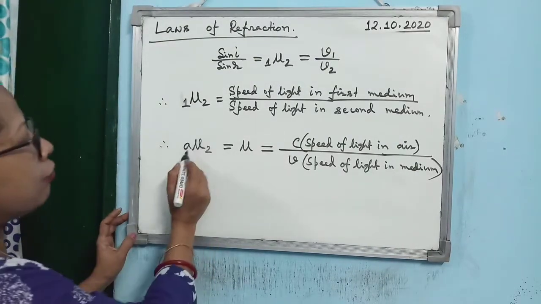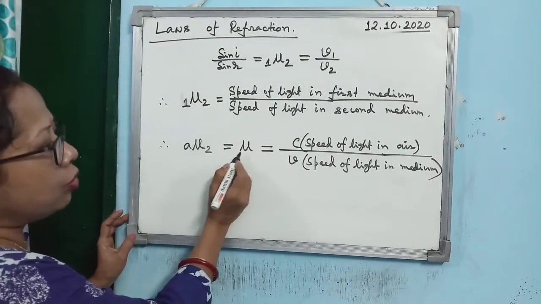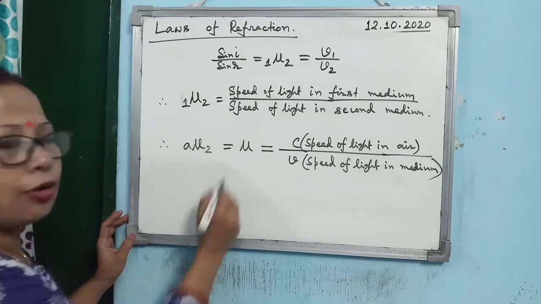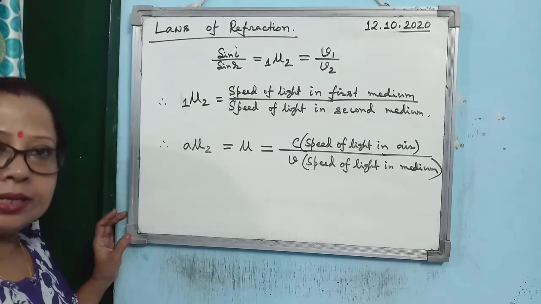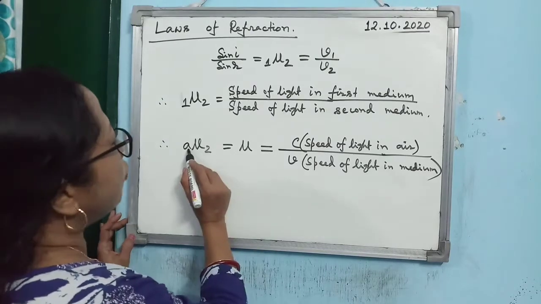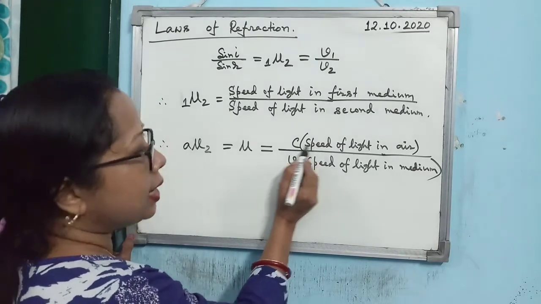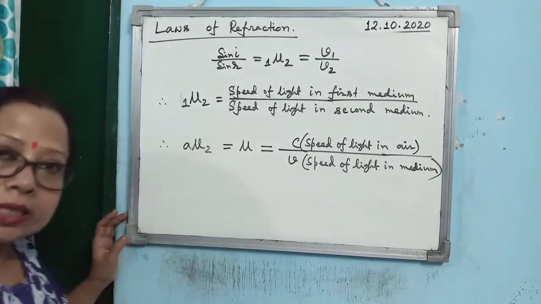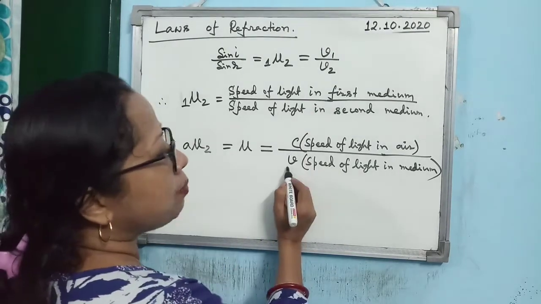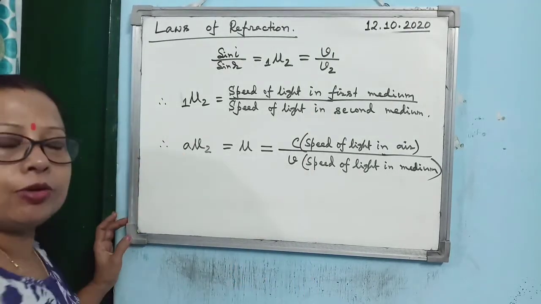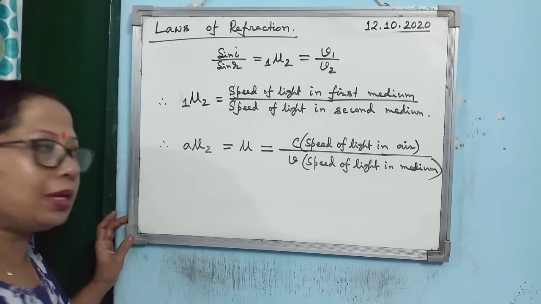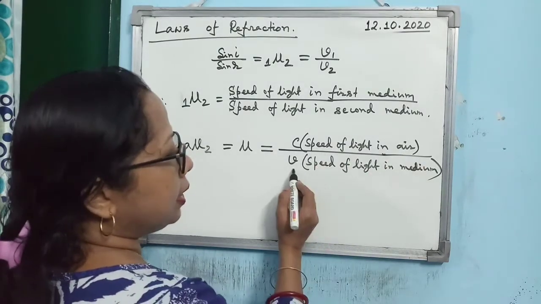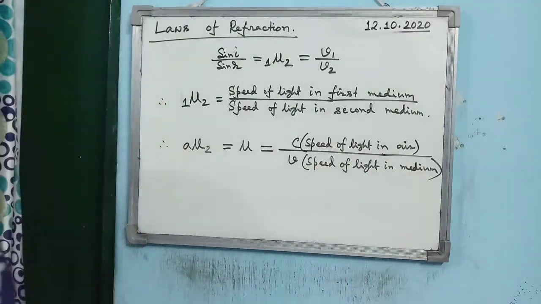Now if you make the first medium air, then it will become the absolute refractive index of the medium. In that case, as the first medium is air, V1 will become equal to c. So you can write it as c by v, meaning the absolute refractive index of any medium is equal to the speed of light in air by the speed of light in the medium.